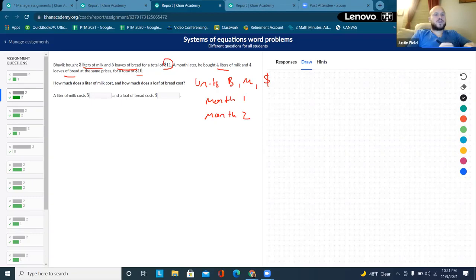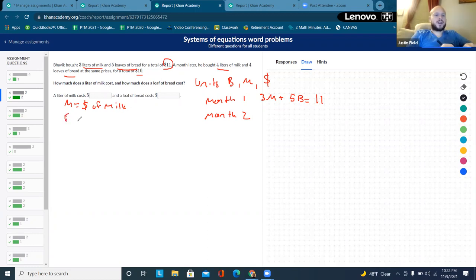So 3 liters of milk, that's going to be 3M plus 5 loaves of bread, 5B equals $11. So M equals the price of milk, and you can see how much a liter of milk costs.